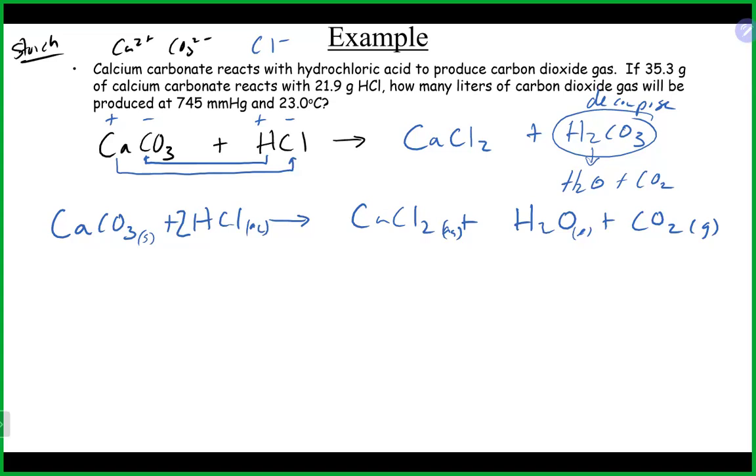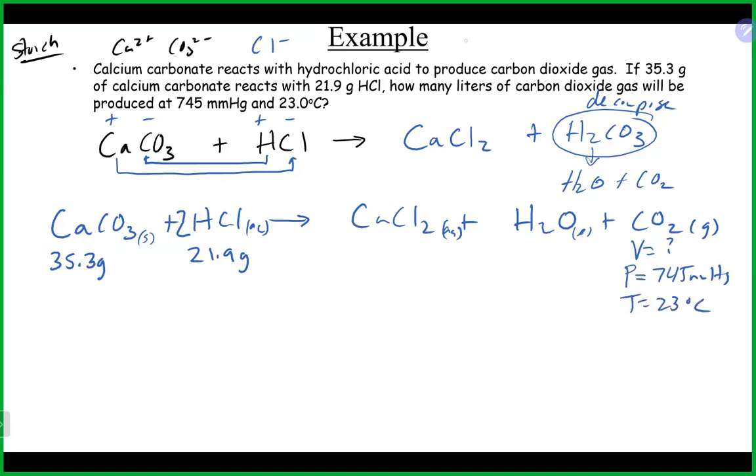So what's going to happen in this case is we are taking 35.3 grams of calcium carbonate. We're going to react it with 21.9 grams of HCl, and ultimately we're looking for the volume here of CO2. So since we're looking for the volume of this gas, we obviously have a pressure that's 745 millimeters of mercury, and we have a temperature that's 23 degrees Celsius.